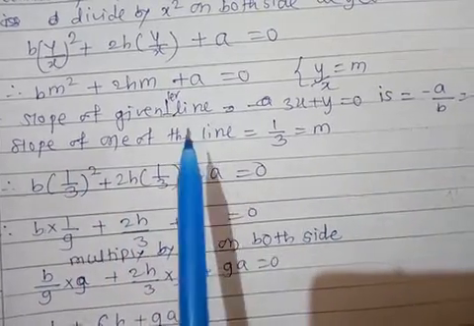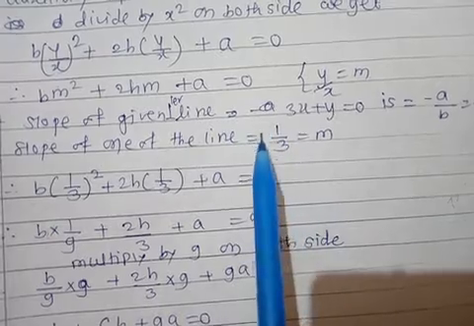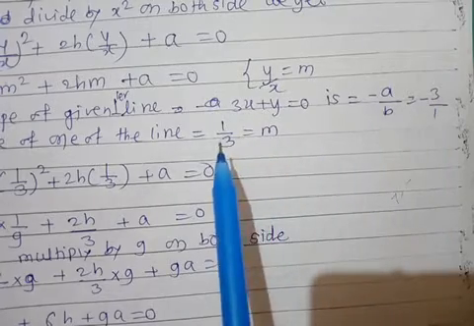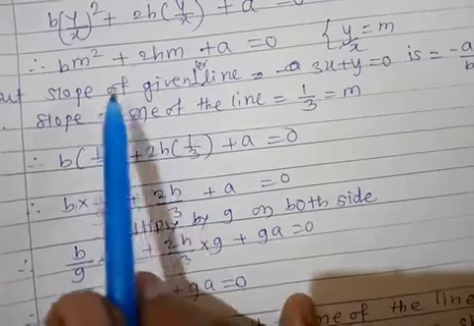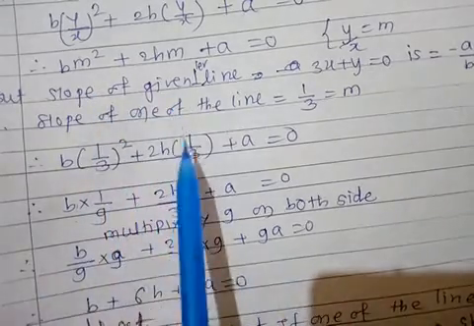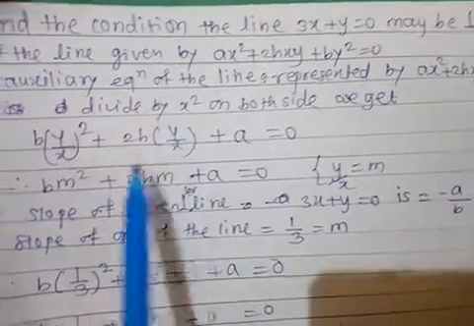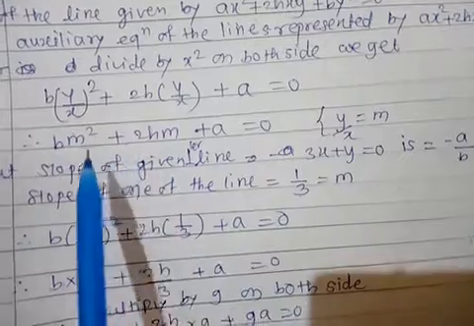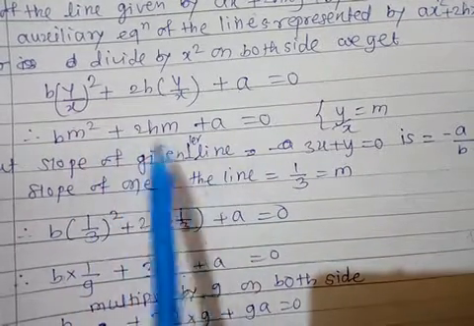If this is the perpendicular line, then the slope of your required line is the reciprocal and with the sign changed. The reciprocal of minus 3 by 1 is 1 by 3, and changing the sign, minus becomes plus, so m equal to 1 by 3. Put that 1 by 3 here. Very simple. Similar steps: first divide by x square, then put m, and it becomes the auxiliary equation.